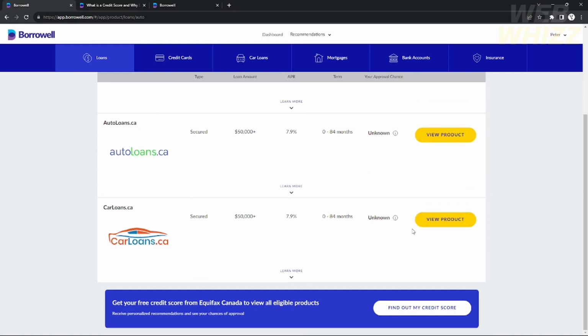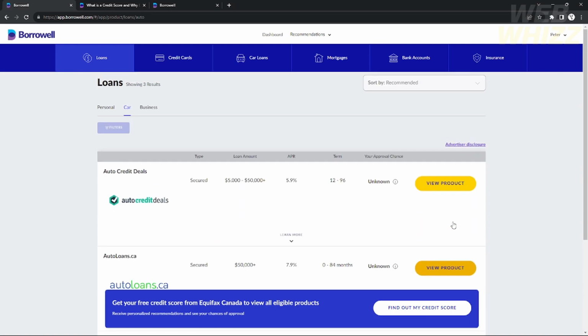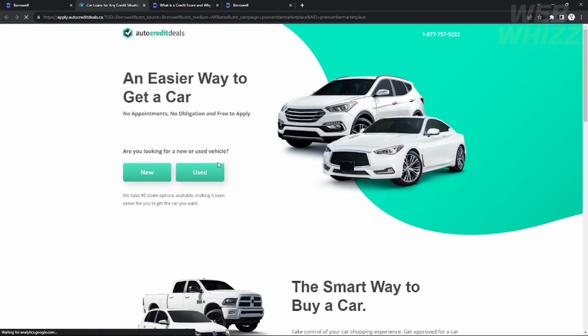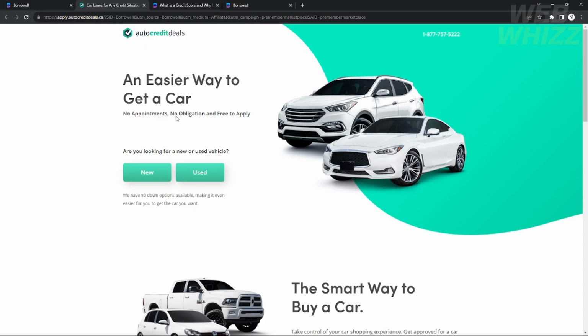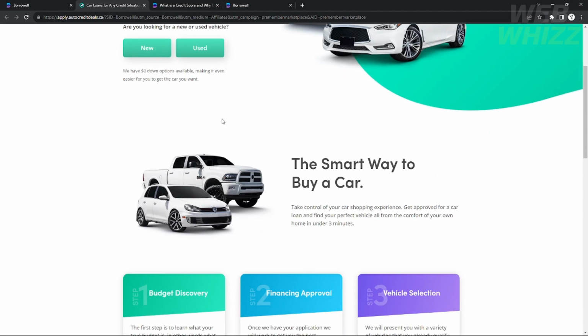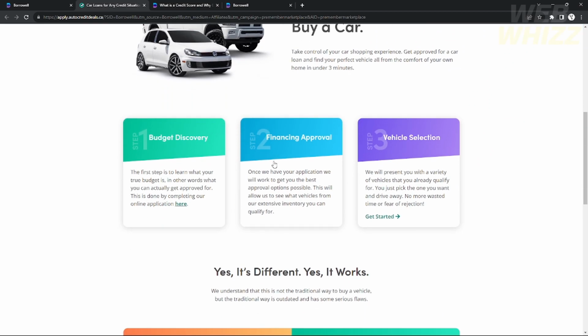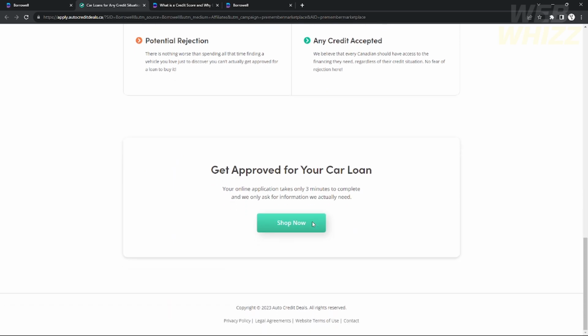You can get a car loan right here, and they will base it on your credit score to know if you are worthy of getting a car loan from them.